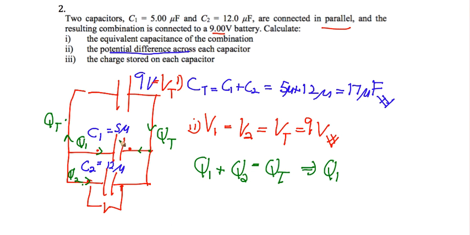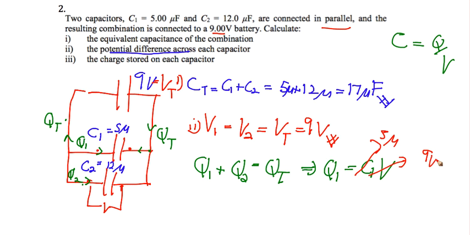Q1, the charge on the plate of capacitor 1, from the equation for capacitance, C is equal to Q over V. So Q1 is equal to C1 times V, where C1 is 5 microfarad and the voltage, as you know, is 9 volt.